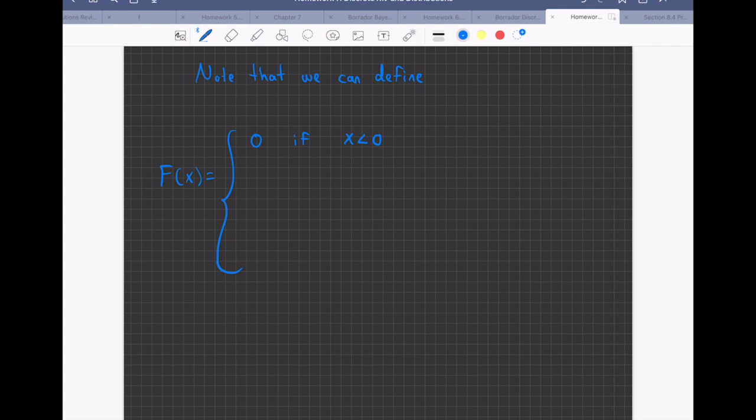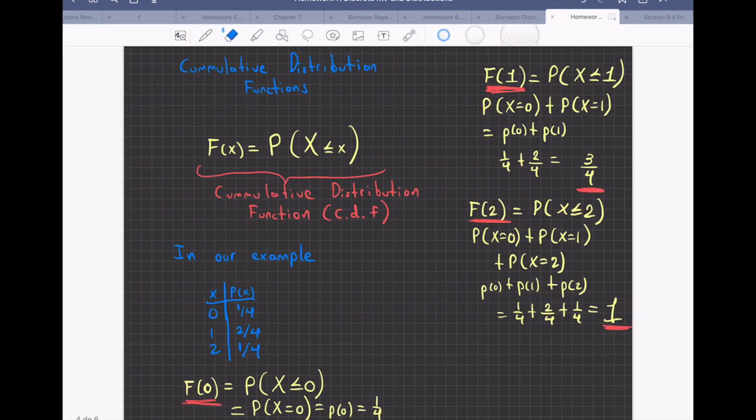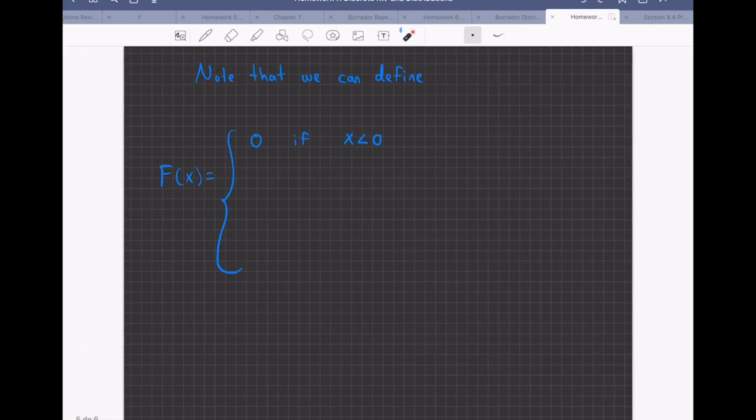The other value, when x equals 0, F of 0 is actually 1/4. So F of x is going to be 1/4 if x is less than 1 but greater or equal than 0.